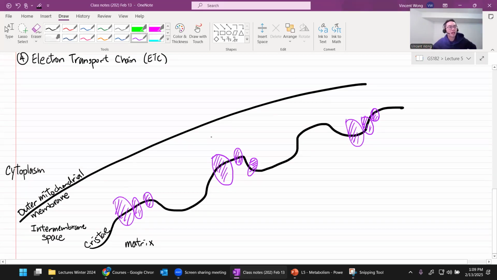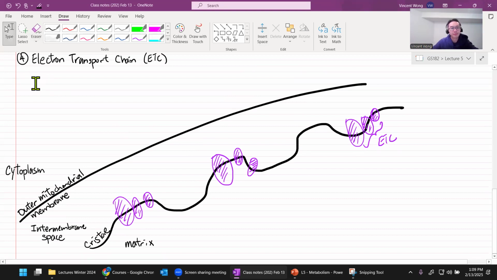So you might have thousands of these electron transport chains that are fitted in the cristae. So that is an ETC. We have another ETC here and another one. And like I said, there are thousands of these within the inner mitochondrial membrane.